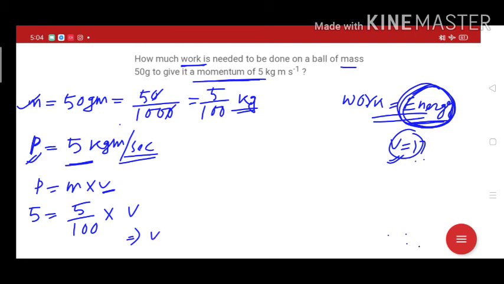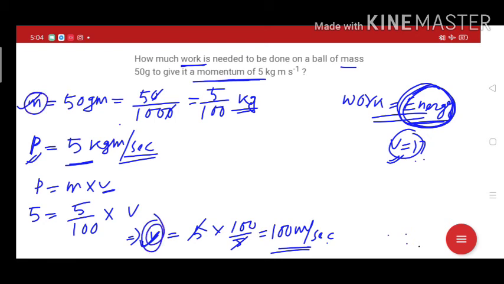Then v is 5 into 100 by 5, so 5 got cancelled, and it is 100 meter per second, obviously.